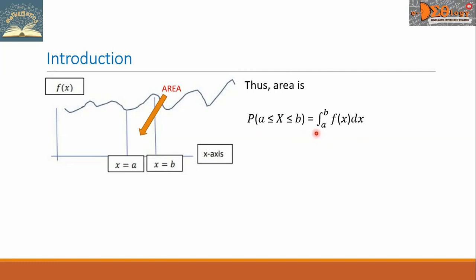The definite integral from A to B of the function f of x dx. Here, capital X is continuous random variable.